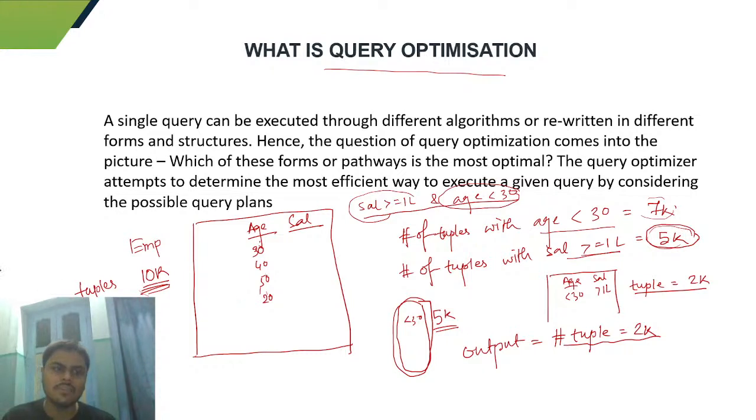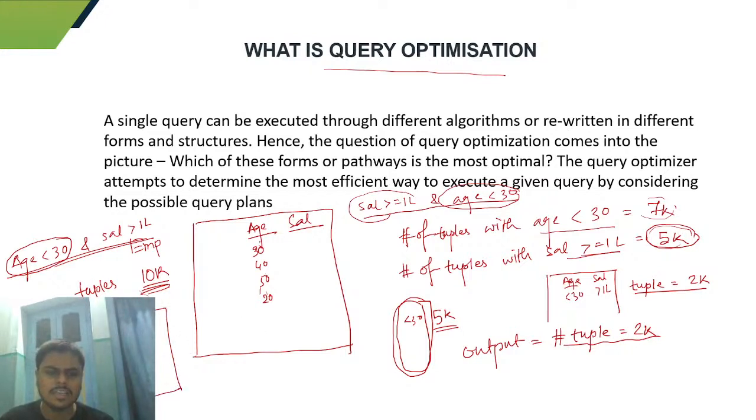But let's say we check age less than 30 first, and then salary greater than 1 lakh. First of all you are going to retrieve all the tuples having age less than 30, and as we have seen, we have 7k such tuples. After retrieving these 7k tuples, we have to iterate over all of them and check whether they have salary greater than 1 lakh.